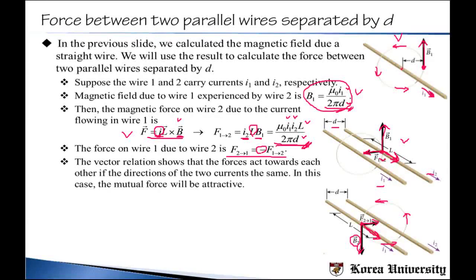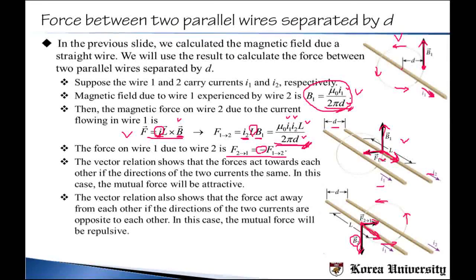Why was I able to know this without calculation? It is because of Newton's third law. Newton's third law immediately tells us that when two objects are exchanging force or interacting, the forces they give to each other are the same in size but opposite in sign. So even in the case of magnetic force, Newton's law is already satisfied.